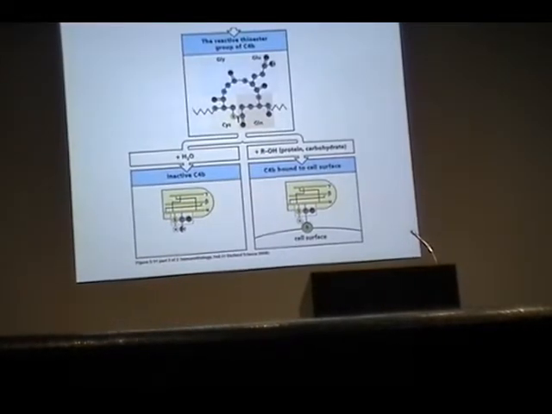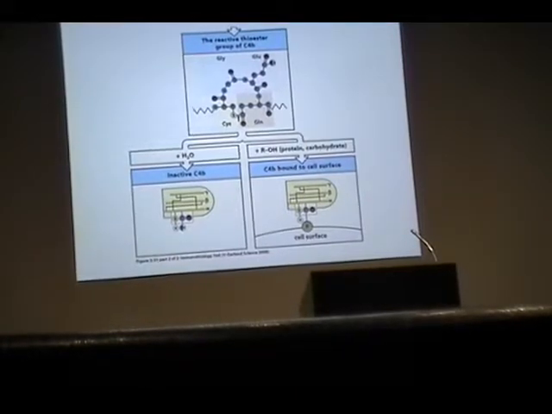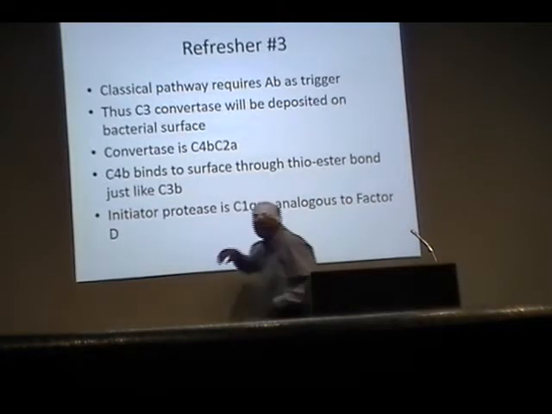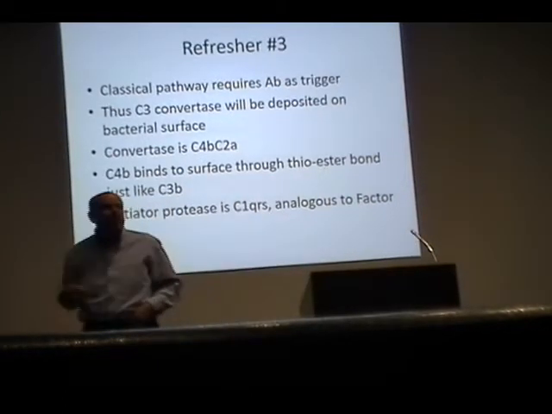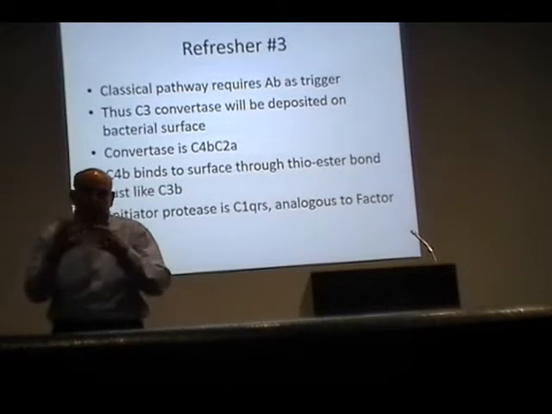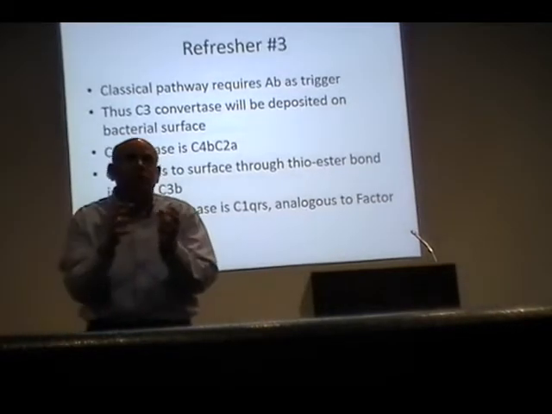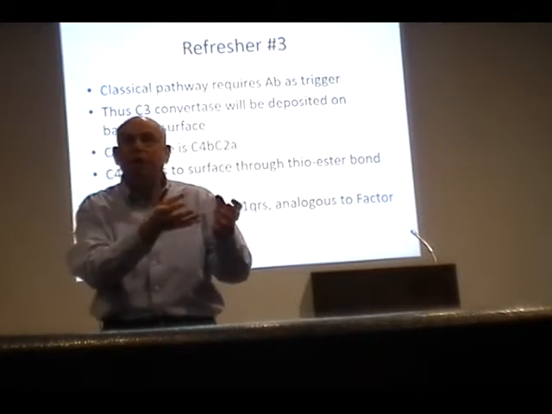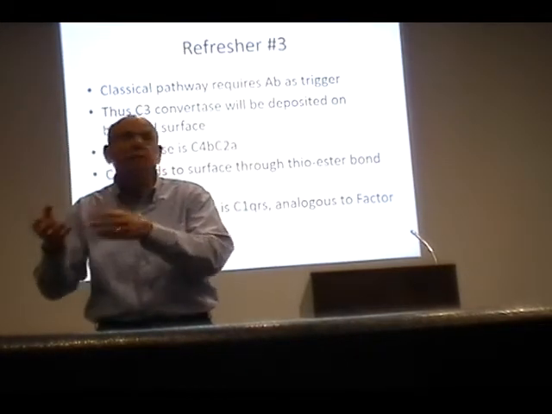Thioester bond, guess what? C4 has a thioester bond that's revealed when C4 was cleaved by R and S to C4B, a thioester bond, C4B binds, and so on. So we create the C4B, C2A convertase the exact same way with a couple of other molecules involved. But we've got a D equivalent, that's R and S. We've got a B equivalent, that's C2.